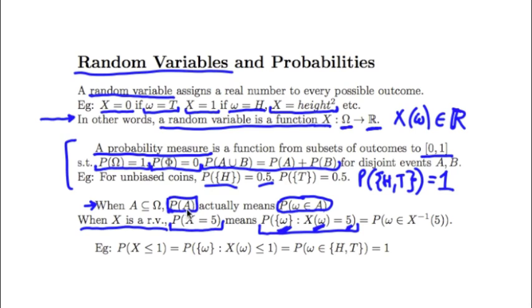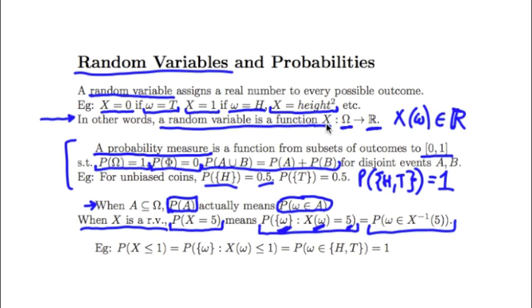And remember that the probability of a set means the probability that the outcome of your random experiment lies in that set. Similarly, the probability that X of omega is equal to 5 is actually the probability that omega lies in X inverse of 5. Just like the probability that omega lies in A, here the set A is X inverse of 5.